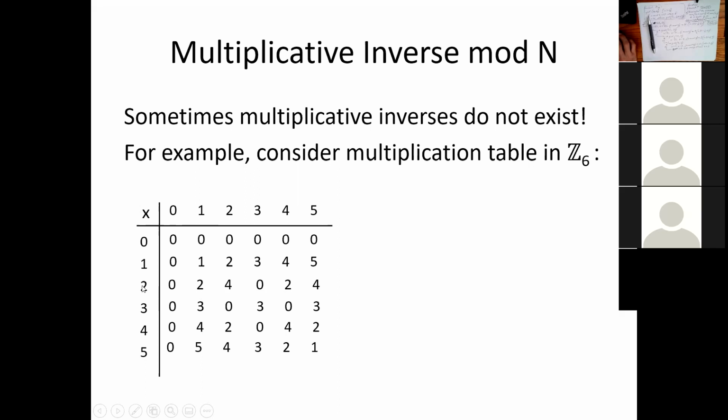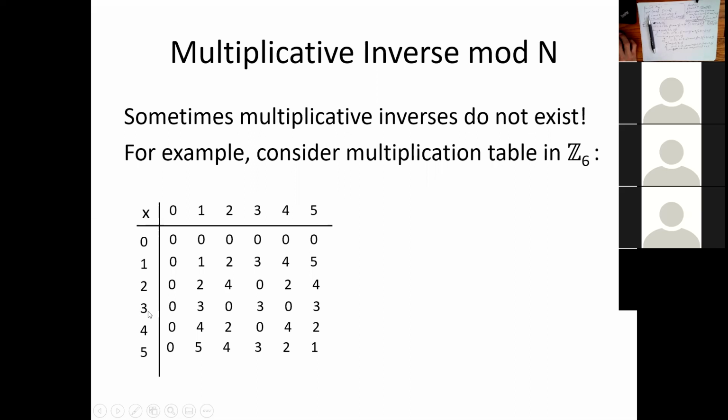In other words, there is no integer such that if you multiply 2 by it, mod 6, you get a 1. And that's intuitive, because if you multiply 2 by anything, you get an even number. And if you do modular reduction by an even number, 6, it continues being an even number. So you cannot get a 1.